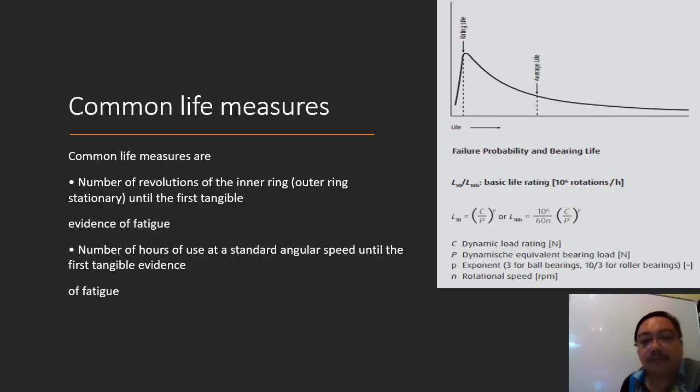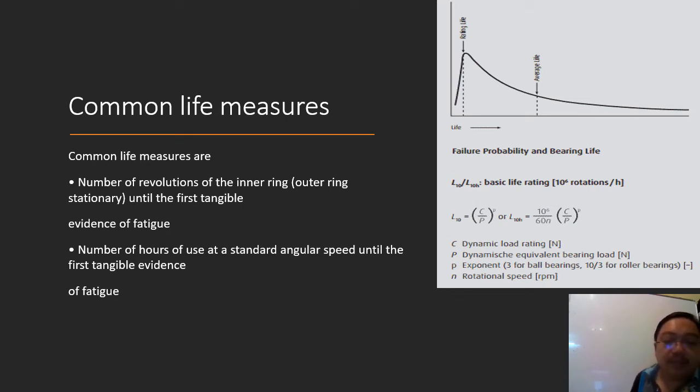Common life measures for a bearing are, first, the number of revolutions of the inner ring or the outer ring. The second one is the evidence of fatigue. The third one is the number of hours used at standard angular bearing speed until the first tangible evidence.